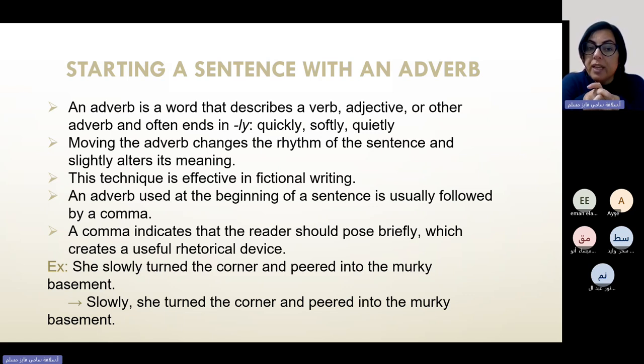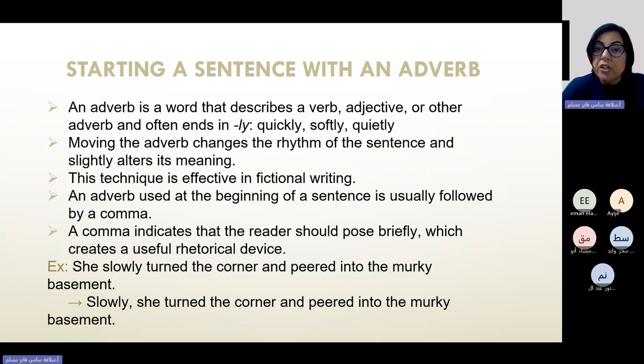An adverb is a word that describes a verb, an adjective, or another adverb. Remember always, the adjective describes a noun or pronoun, but the adverb either describes a verb, an adjective, or another adverb. Okay? And it often ends in -ly, like quickly, softly, and quietly.